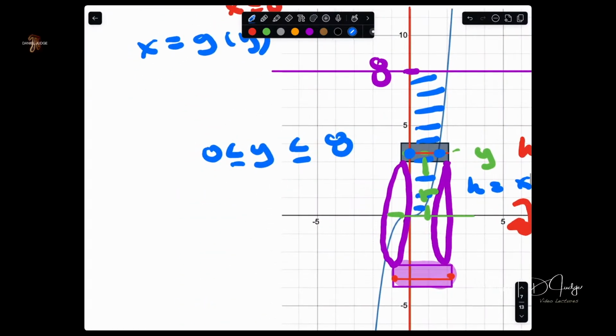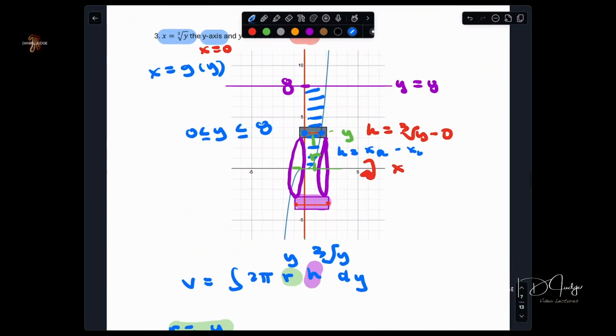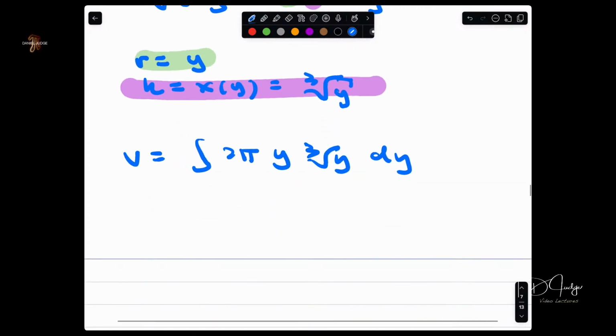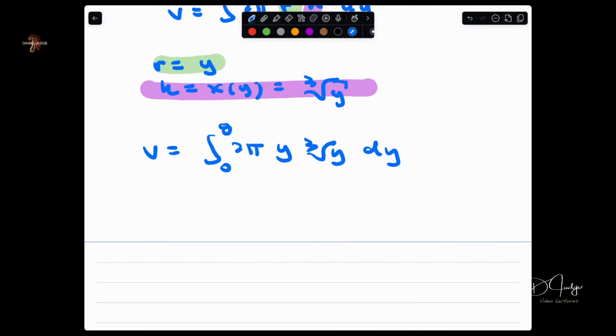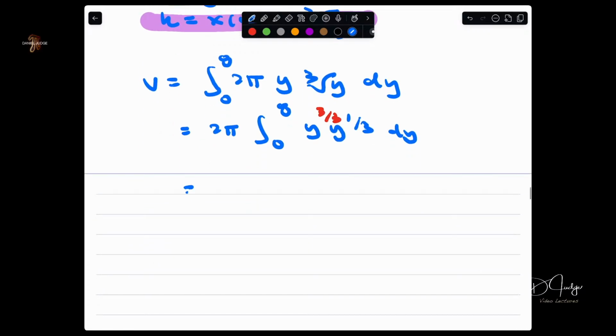Remember, this is from 0 to 8. So that's going to be our limits, 0 to 8. Okay. Pull out your constant. This is going to be y to the 1, or the 3/3. Becomes y to the 4/3 dy.